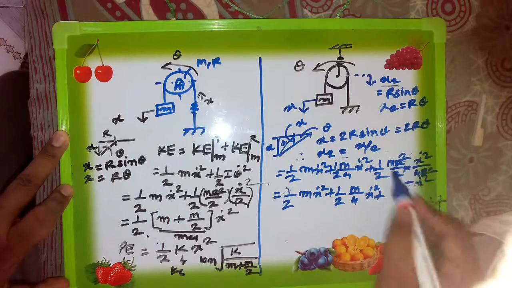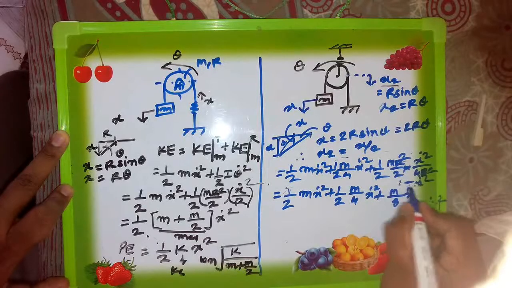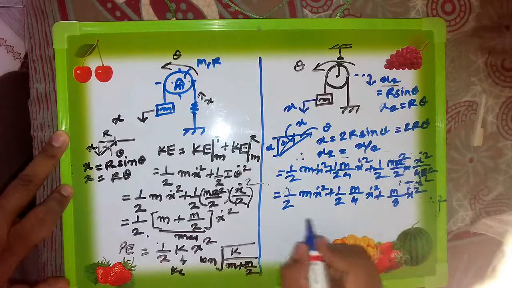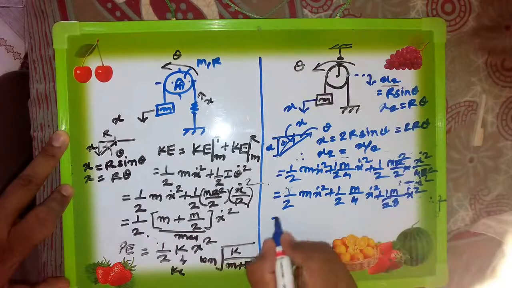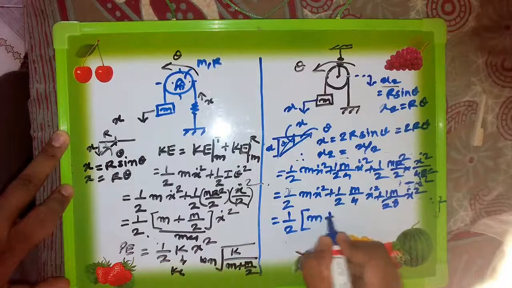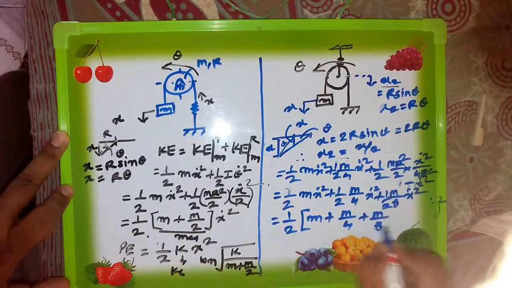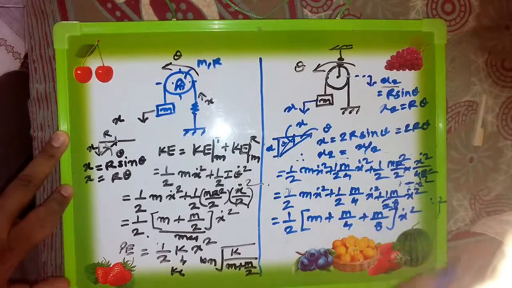This r squared and r squared cancel out, so it will be capital M divided by 8 into x dot squared. The 1/2 will be there itself. So I can write it as 1/2 into (small m plus capital M by 4 plus capital M by 8) into x dot squared.